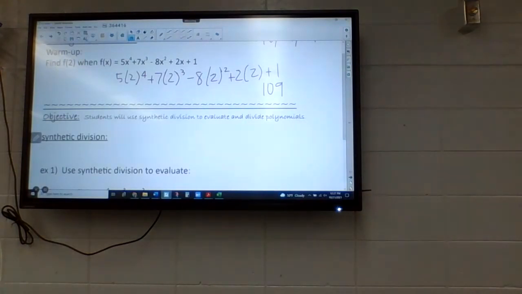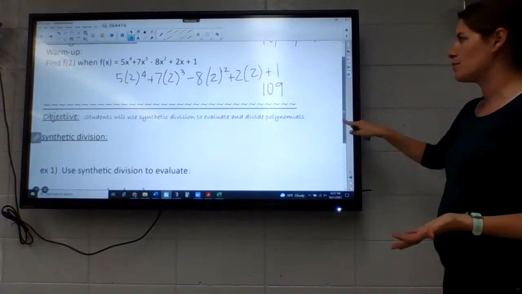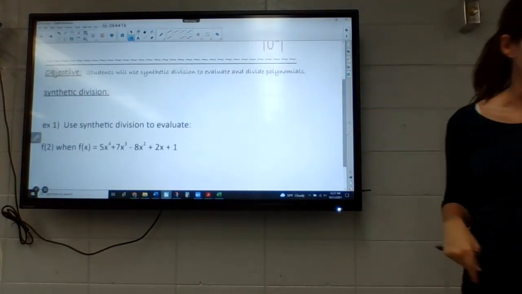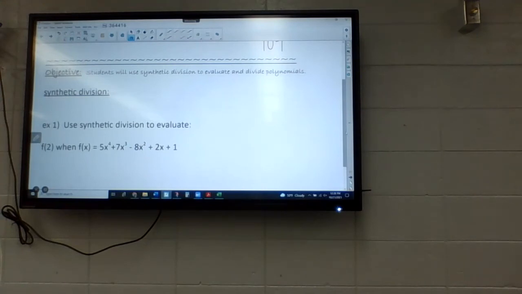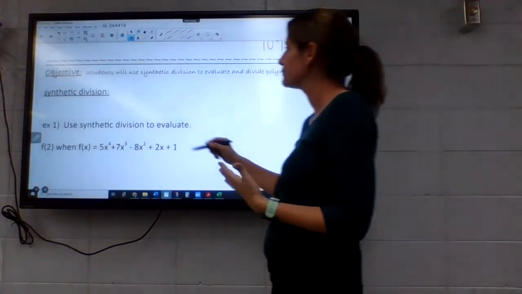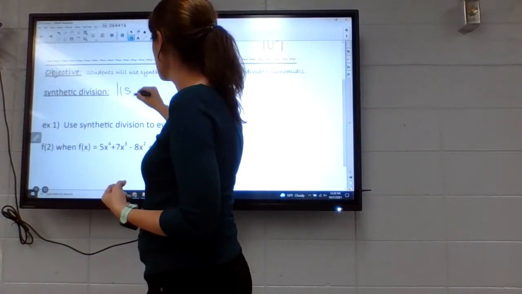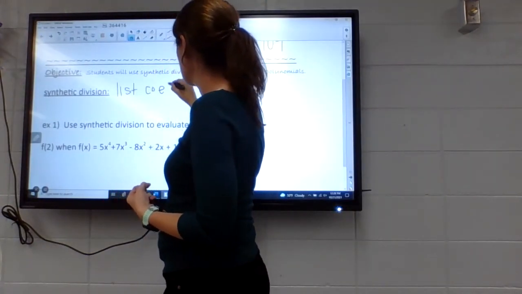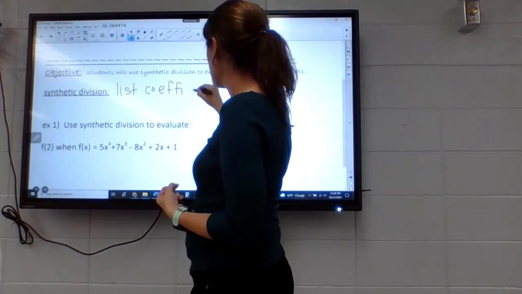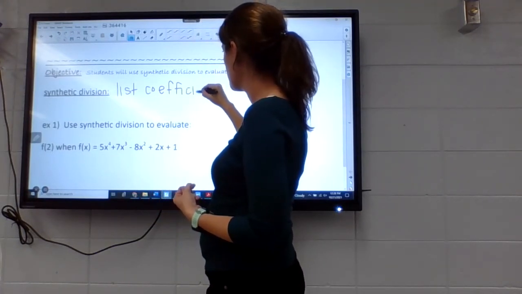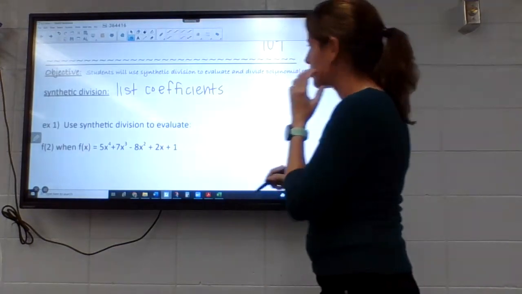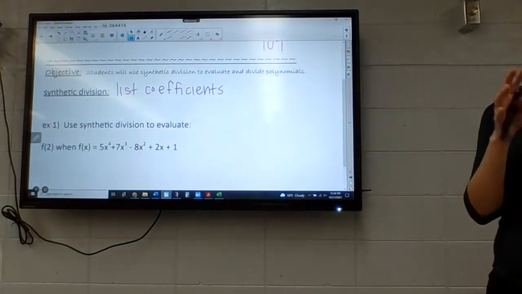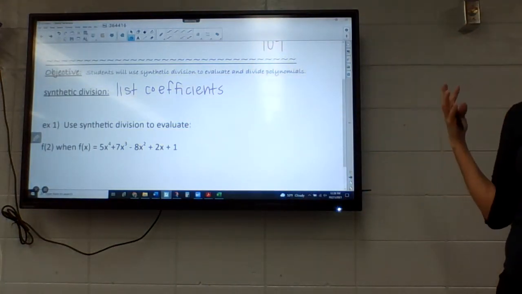Like I said, it's kind of weird hocus pocus math. Some weird math guy figured this out in his mom's basement or something is what I picture, but I'm sure it's more logical than that. But synthetic division is kind of just a way to take the variables out of it. So we just list the coefficients. All powers of x, though, have to be represented.